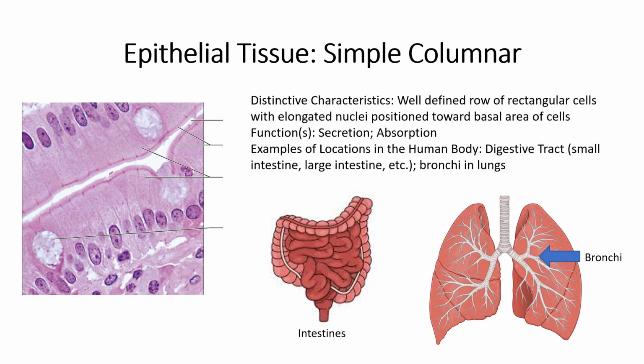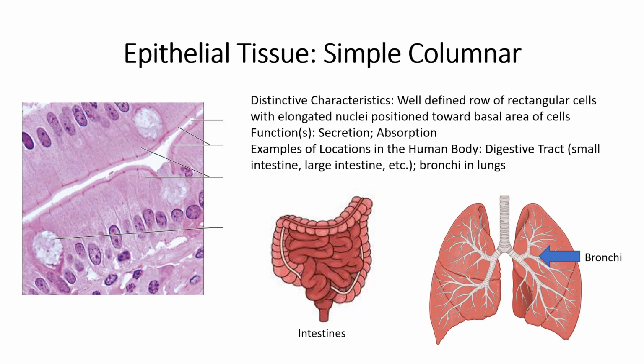So for simple columnar epithelial tissue, distinctive characteristics. You're going to look for a pretty distinctive, well-defined row of cells that are all vertical, rectangular shaped, where the nucleus, so that darkened, stained area that you see in each of these cells in the image to your left, are the nuclei.